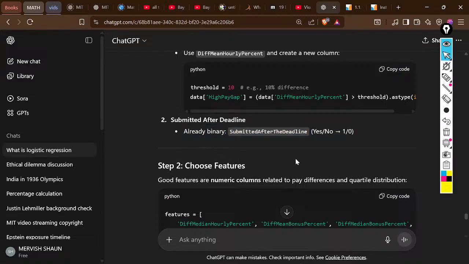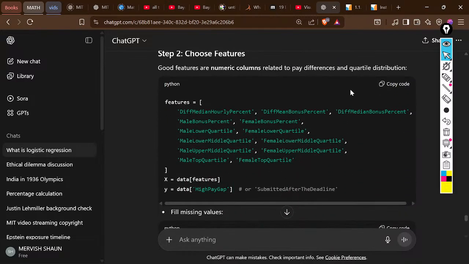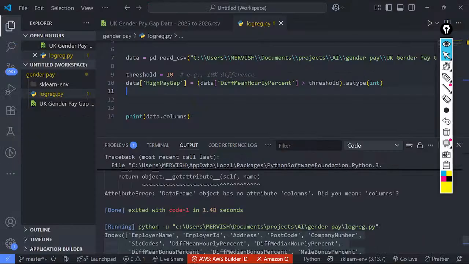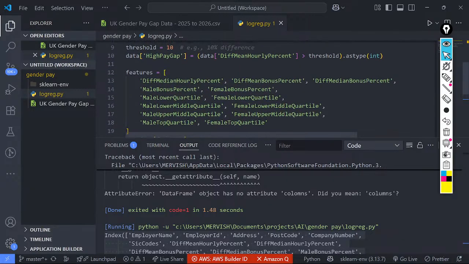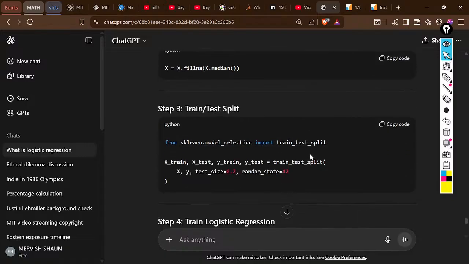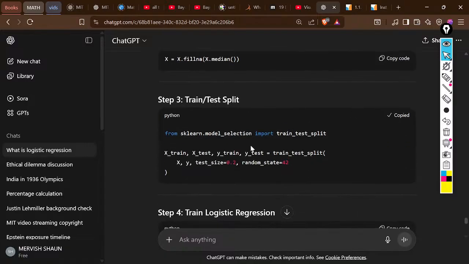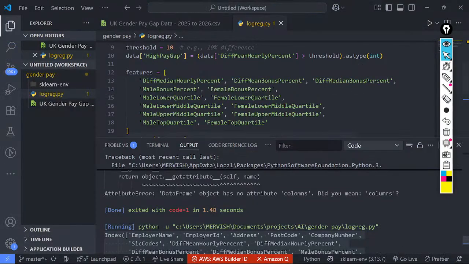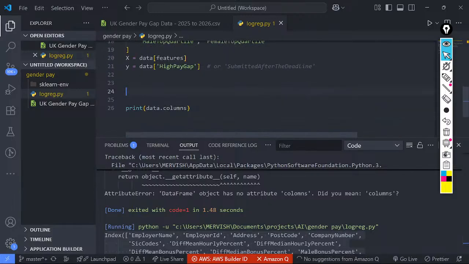I don't care the second one. Choose features. What is the feature? I don't have a missing value. Train. How can I visually see all of this?